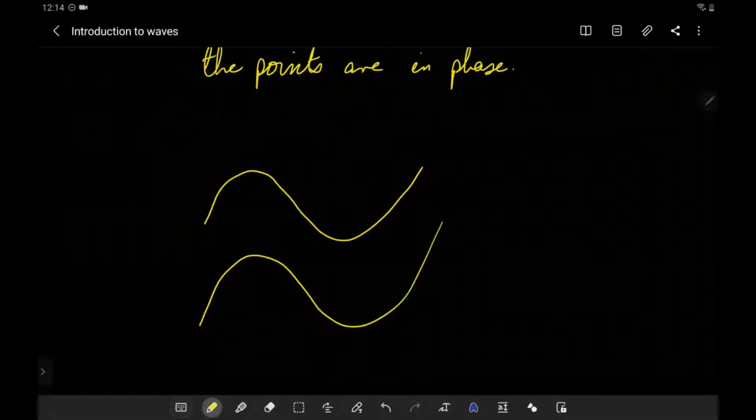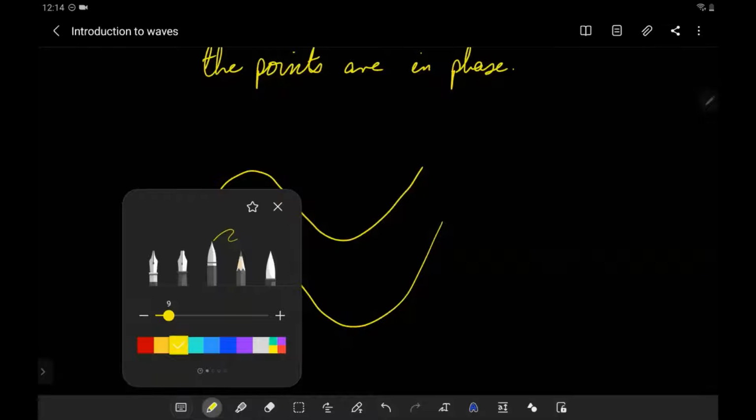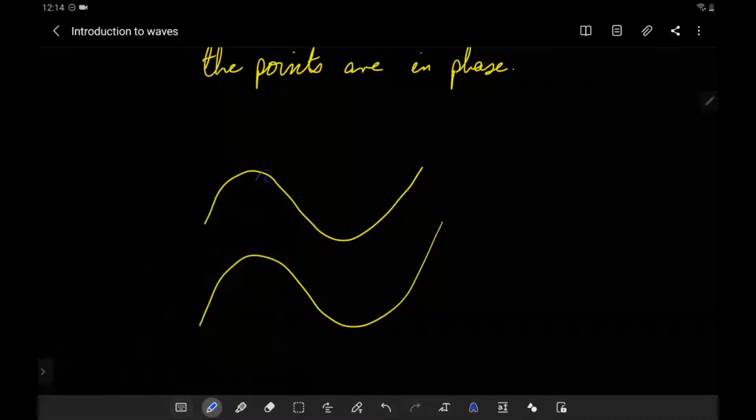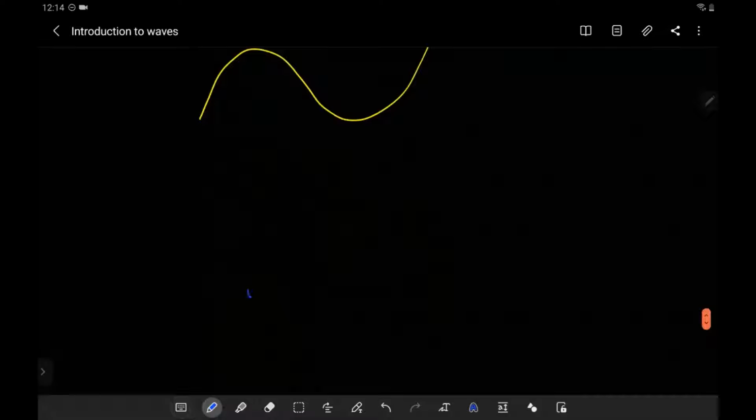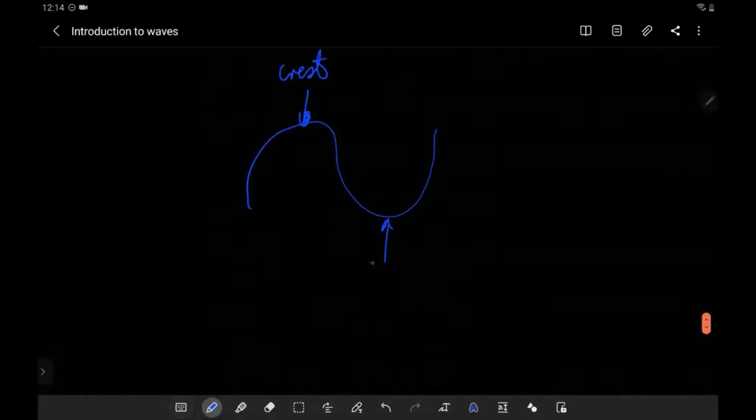These are the same wave, more or less. So my wavefront would be this one. Remember, the crest is the one on the top, so let's define that again. This point is called the crest, and this point here is called the trough.